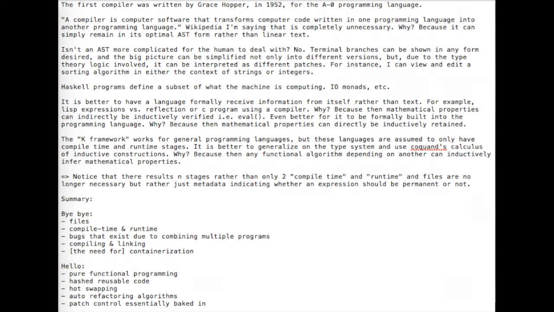It doesn't prove what's going to happen within that function. So now it's really complex to try to prove what's going on. So how does that work? Well, that's where I'm going to get into Coq's calculus of inductive constructions. I'm claiming that that's basically going to solve that problem, so you don't have to worry about losing your mathematical properties.